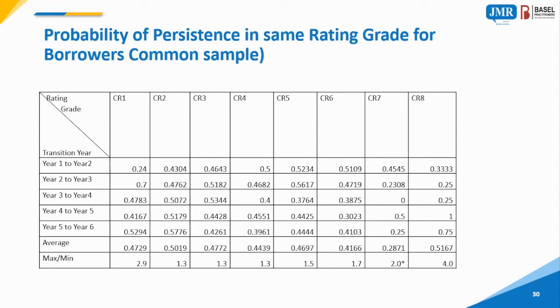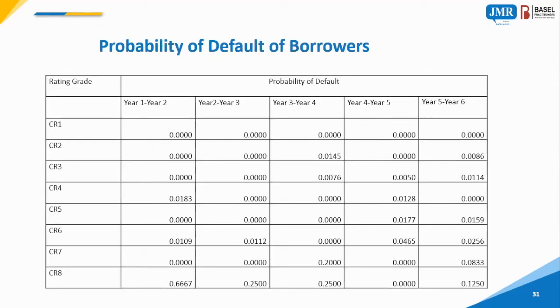That means the diagonal elements of this matrix must be predominantly much bigger than the non-diagonal elements. That is called persistence. That means you do not change your grade so easily within a year. If you do not change grade so easily, then your probability of remaining in the same grade should be very high. That is the general observation based on external rating data.